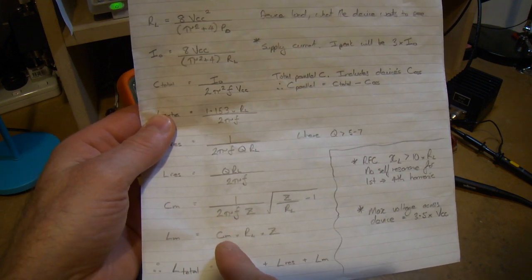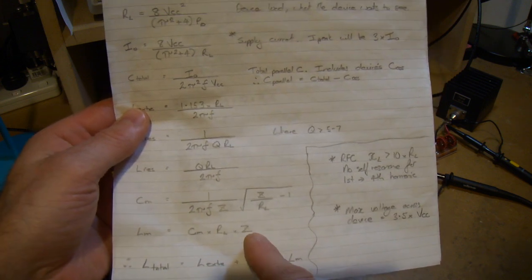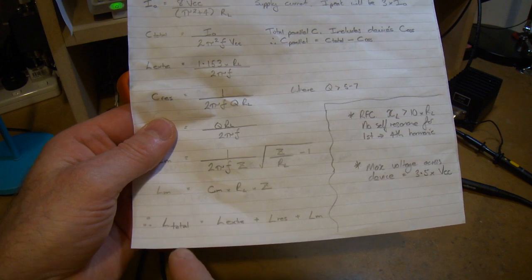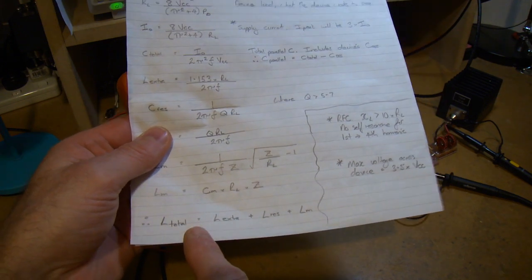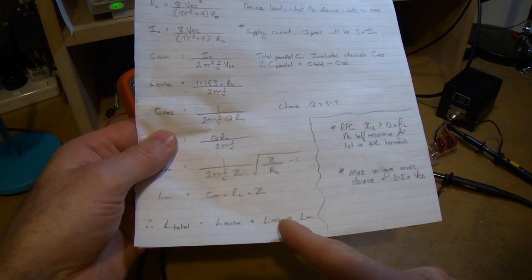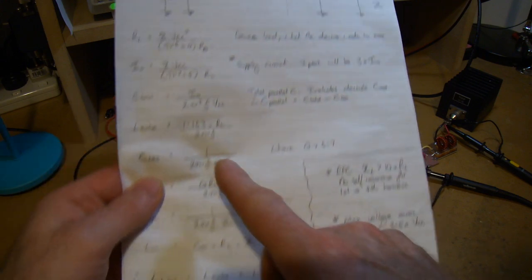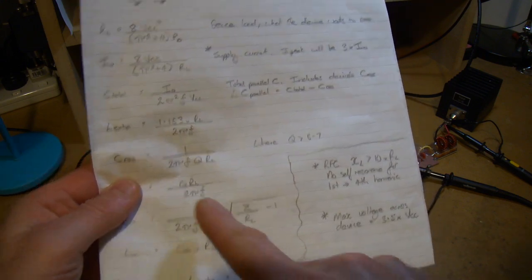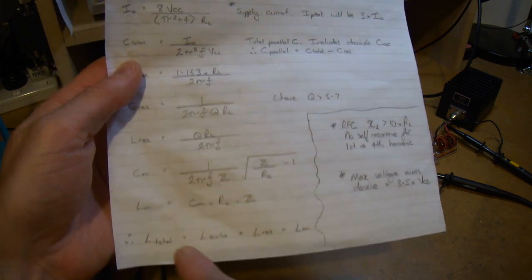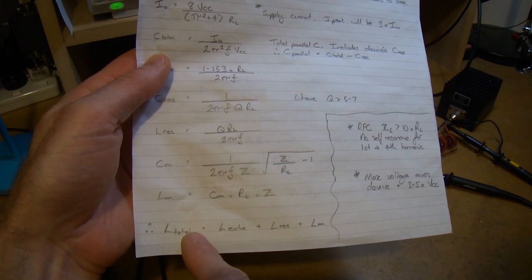The inductance for that, using the matching capacitance times RL and Z. Then, as I mentioned before, L total, the total inductance that will be used to wind on a particular core to come up with the required inductance. That equals the extra inductance we worked out here, plus our resonance inductance here, plus our matching inductance there. So that's the one large lumped L total that I've called here.